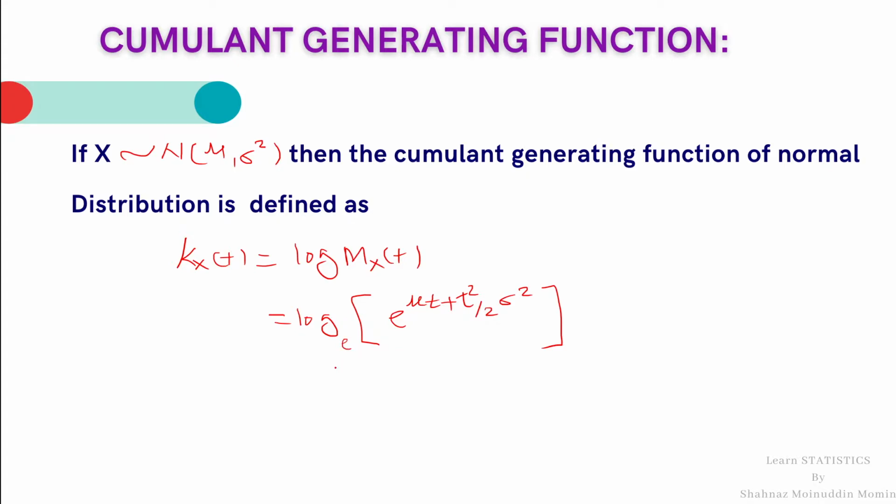Here the logarithm is natural logarithm, so log and the exponent both get cancelled. We are left with mu t plus t square upon 2 sigma square. This is the cumulant generating function of a normal distribution.